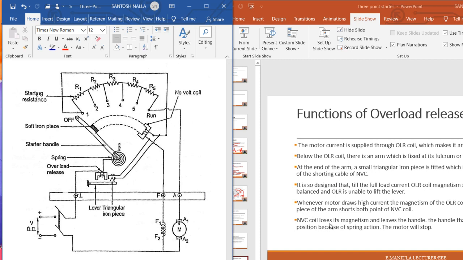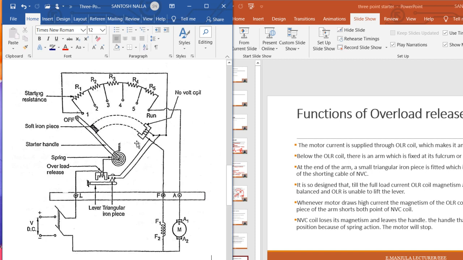So the NVC coil loses its magnetism because the current is not flowing through it once the triangular piece is short circuited, and it leaves the handle. So when there is no current flowing in this NVC, what happens? It demagnetizes and it will leave the soft iron coil. So the handle will be released.